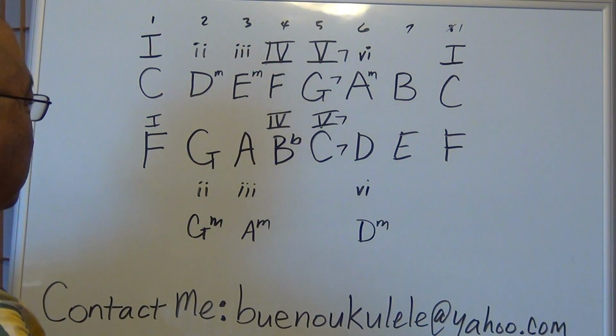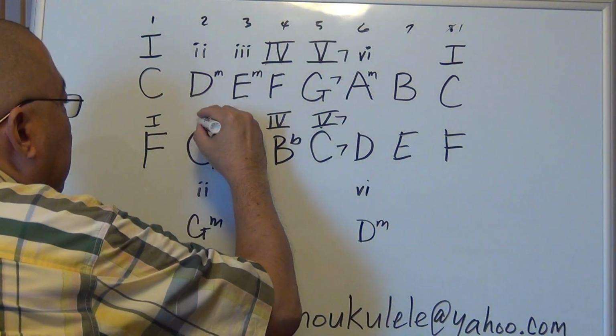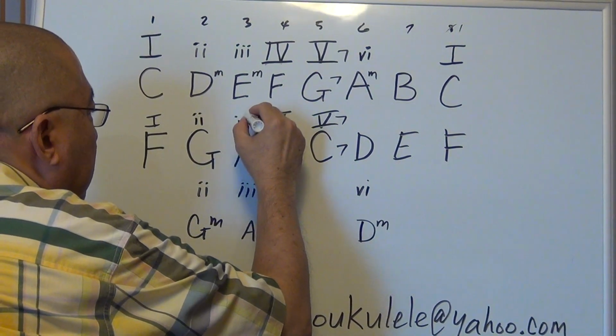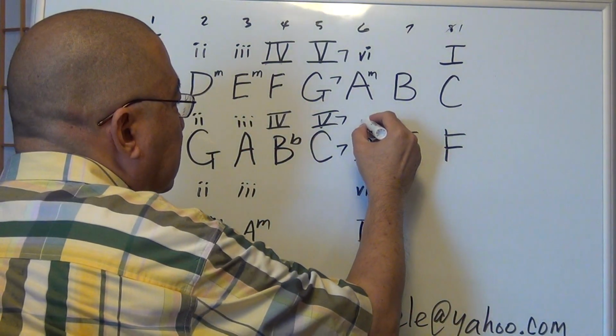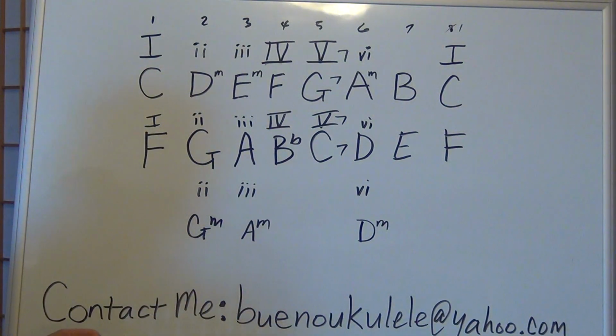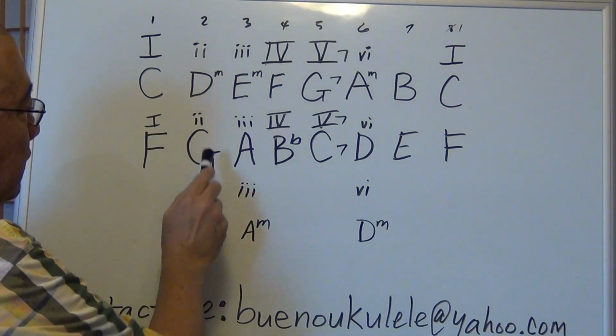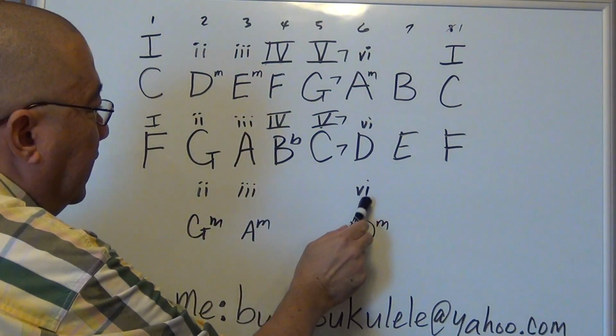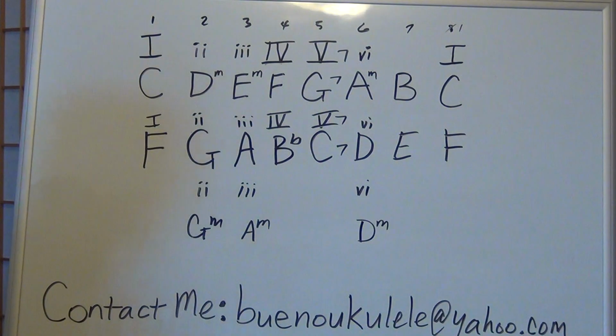Now we'll go ahead and put a small 2 up here, so we can see it better. Small 3 up here, and a small 6 up here. And it's the same thing that we got down here, you see that? Small 2, small 2. Small 3, small 3. Small 6, Roman numeral 6.